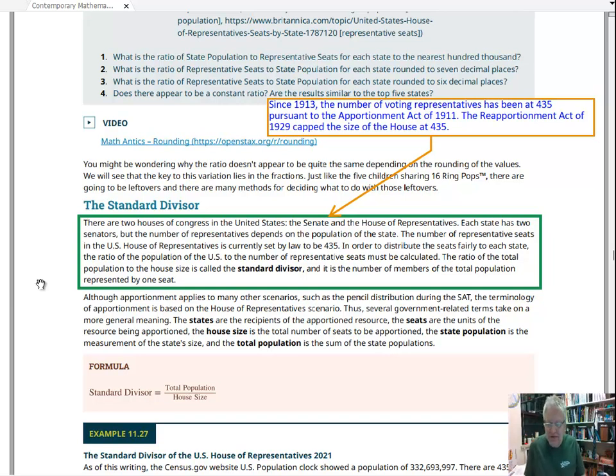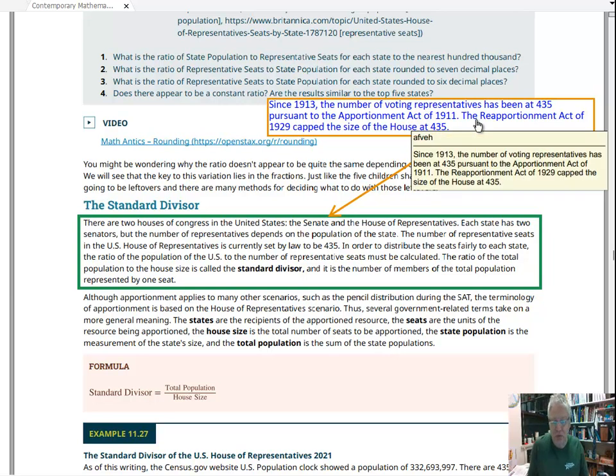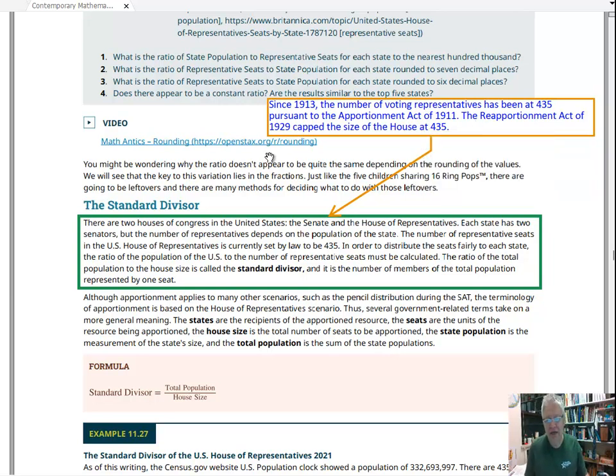The House of Representatives is somewhat harder to do since, as it says here, the Apportionment Act of 1911 and then the Reapportionment Act of 1929, the House of Representatives has exactly 435 members. There are 2 exceptions when Hawaii and Alaska joined in 1959 and 1961. They were actually 437, but these are really 2 small exceptions that I will ignore.